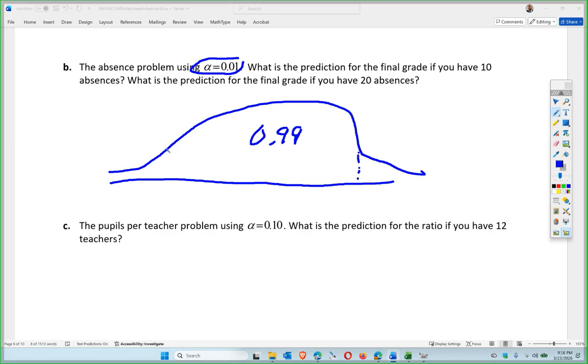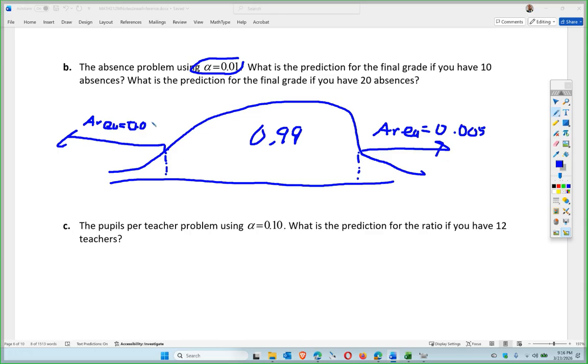So we have clickety-click here, clickety-click here, this area, right, is 0.05, so half of that, so we have the same thing on the other end, right? The area is negative, positive 0.05, right? So that's this. So the question is, this is my t star, right? And this is my t star, right? My t critical. So I'm going to shade that and shade this.